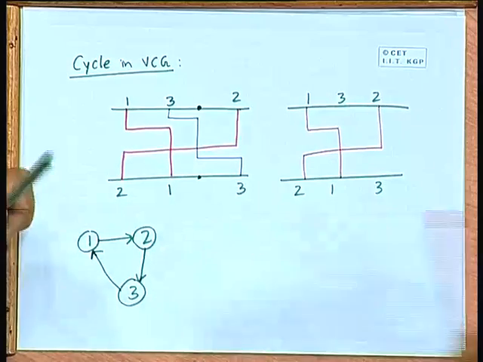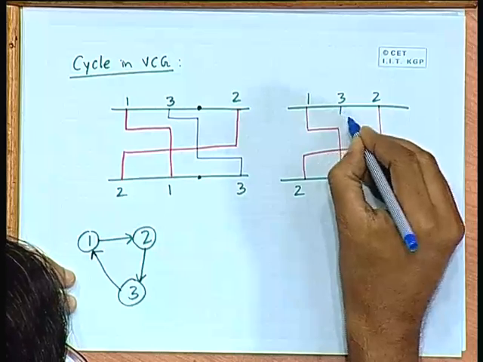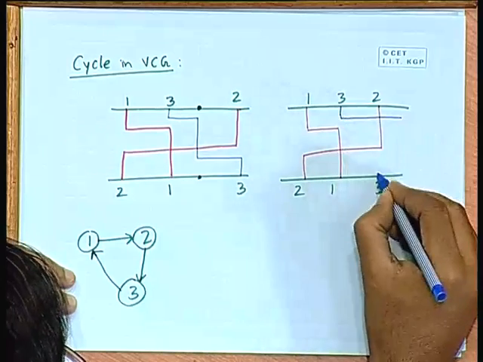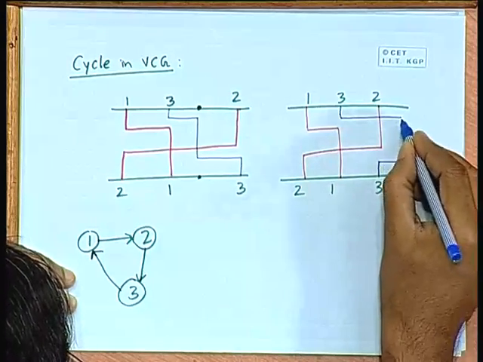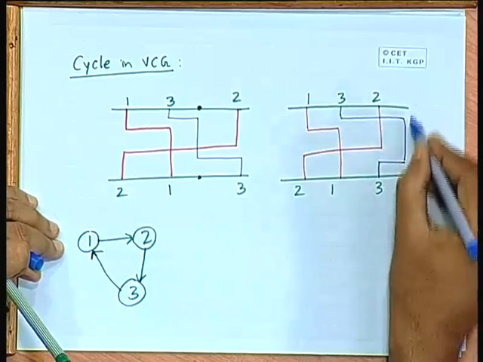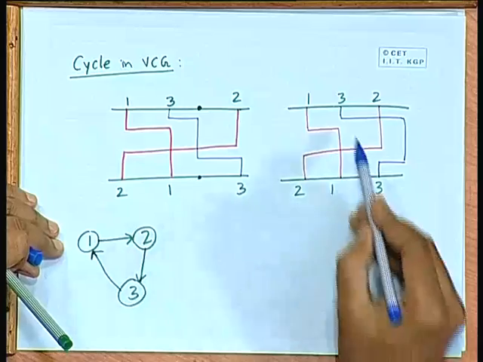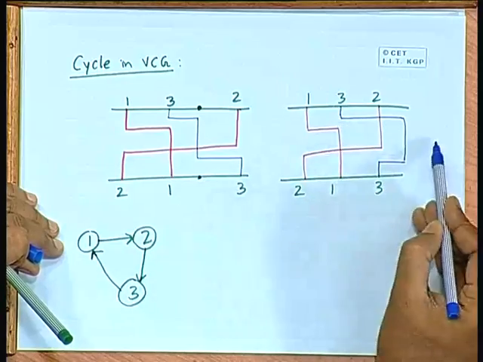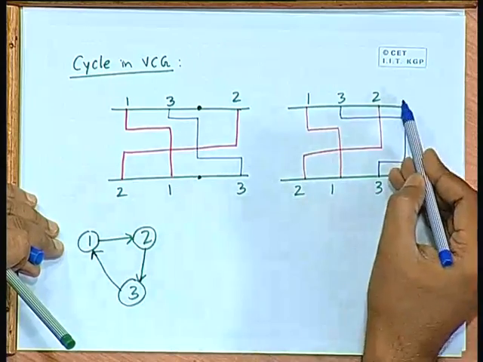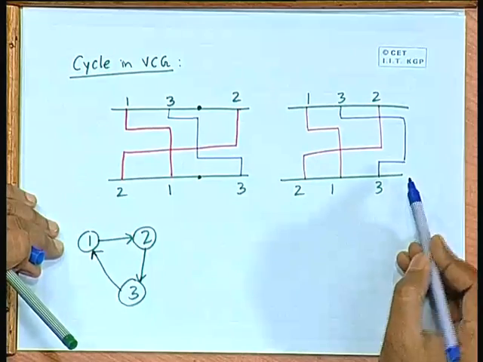There will be a dogleg again, no doubt, but the dogleg will now be put like this. There will be an additional column which will be taken up at the end of the channel. So, if you have a space in between, you can use that, or you will have to extend the net towards the right or towards the left and reach the end of the channel and use up an additional column out there.